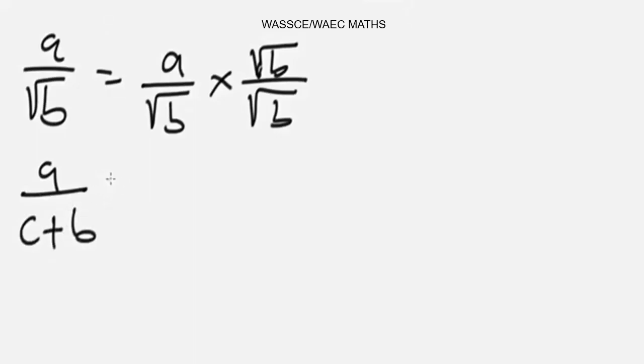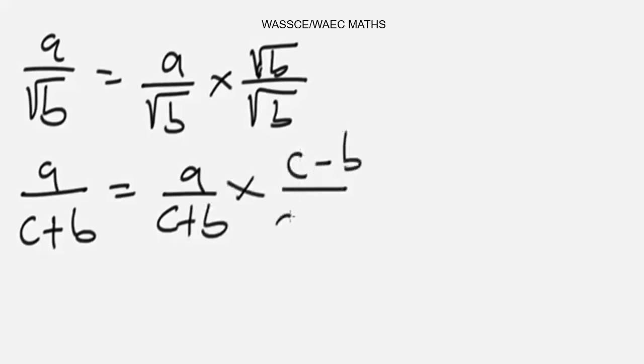Now if you want to rationalize this kind of sort, this will be A over C plus B times, this time around, this sign will change to C minus B over C minus B. Alright, so when you are dealing with surds and you want to rationalize the surd in the denominator, we have either a positive sign or a negative sign in between them, just like here. All you simply have to do when you're rationalizing, when you get to here, you invert or change the sign of the original sign the question is having at the denominator. Alright, so that's basically what I want to explain.